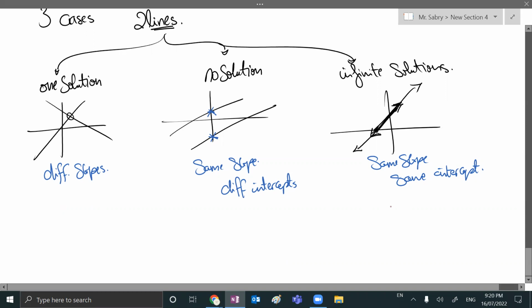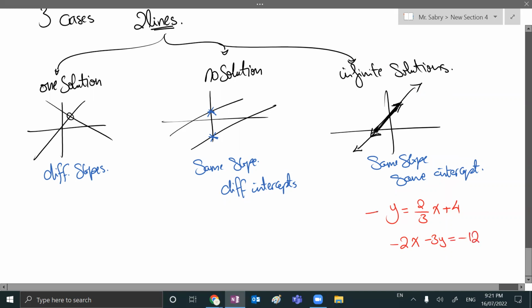So let's say y equals 2/3x plus 4. And let's say the other equation is negative 2x minus 3y equals negative 12.